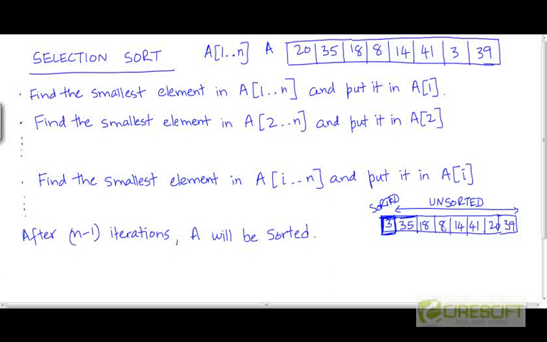In this case, it happens to be 8. So we'll swap 8 with the first element of the unsorted portion, and that's 35. So instead of 35, there'll be an 8 here, and this 8 will become 35. So we have extended our sorted portion now to 2 elements, and we have reduced the unsorted portion by one element. So now our new unsorted portion starts from this element 18.